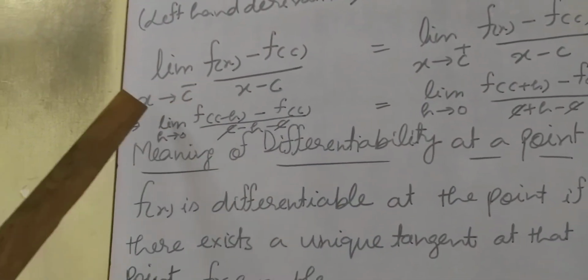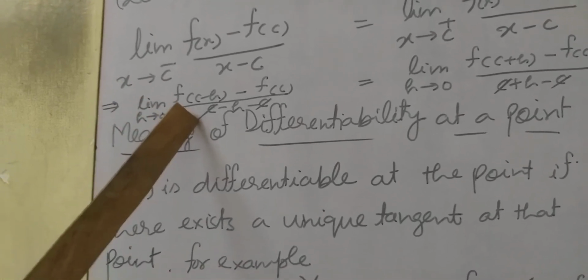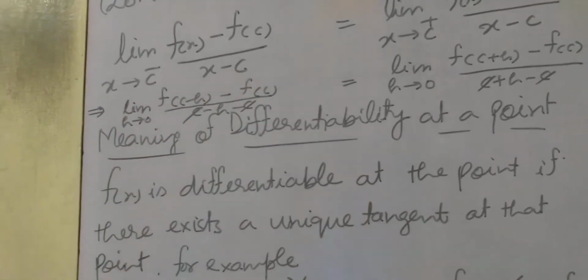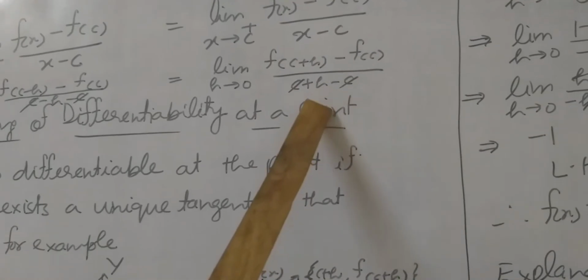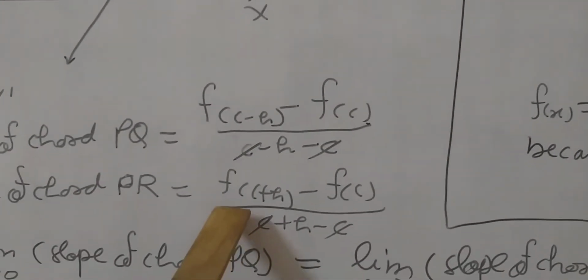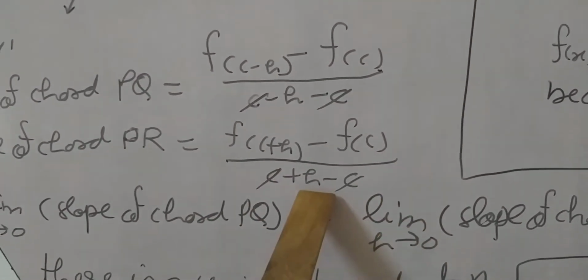So it is the same as here, f(c minus h) minus f(c) upon minus h. Okay, so this part can be written as limit h tends to 0 slope of chord PQ. Similarly, student, this side you can see f(c plus h) minus f(c) upon h, and it is also the same.